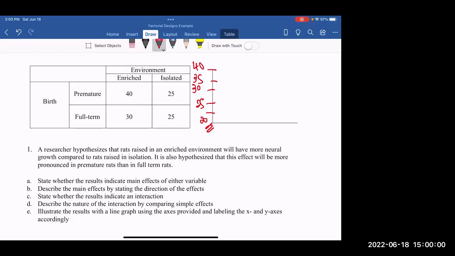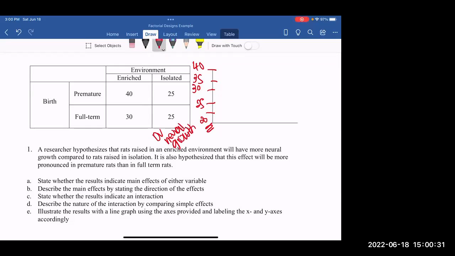So again, I'm running out of space here, but this, you would want to label this as our DV, which is neural growth.